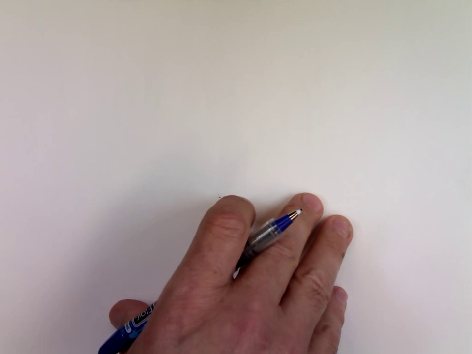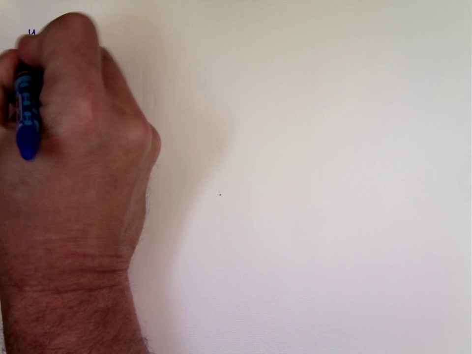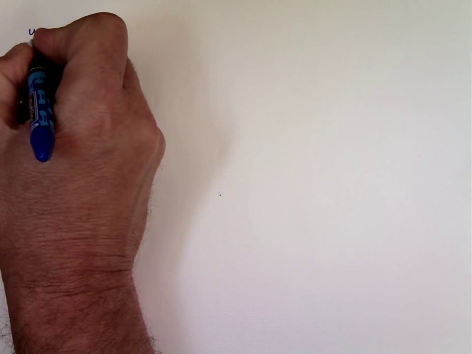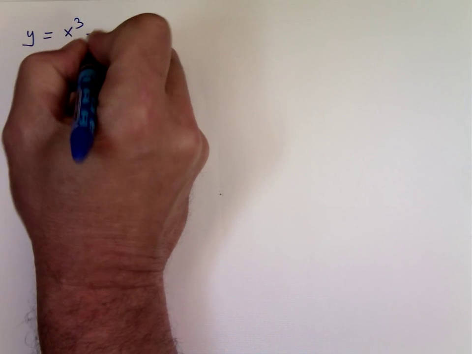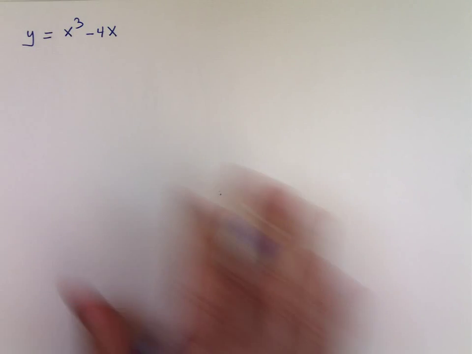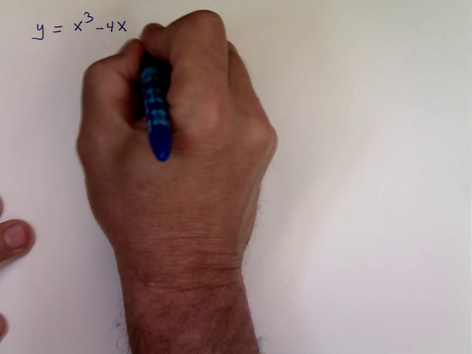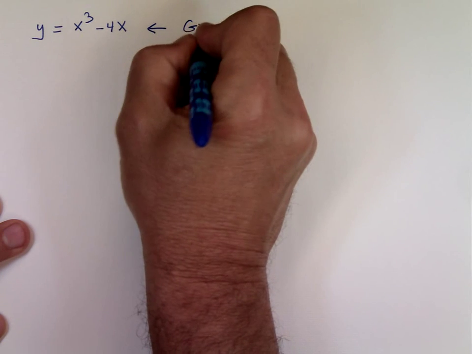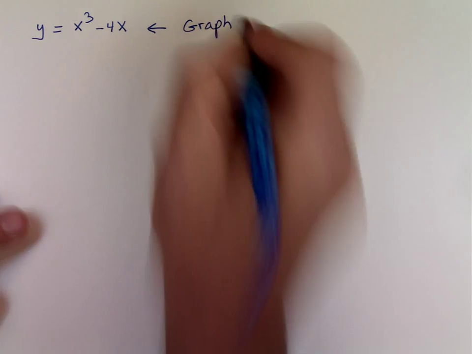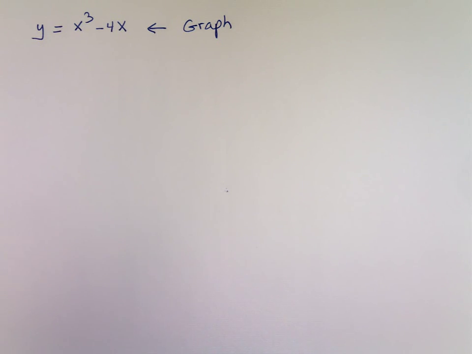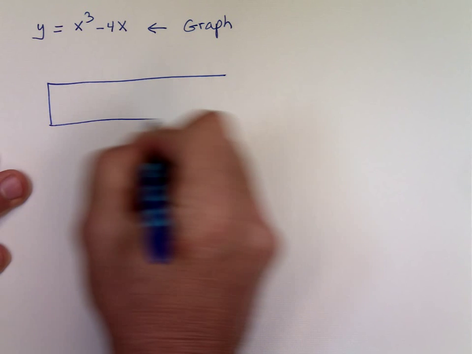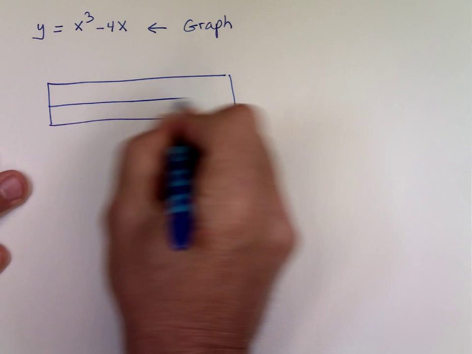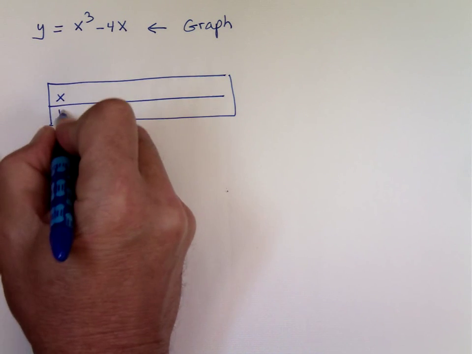Let's say we ask you to graph y equals x cubed minus 4x. And I say graph this one. I go, let me pick values for x. I'm trying to find the y value that matches.